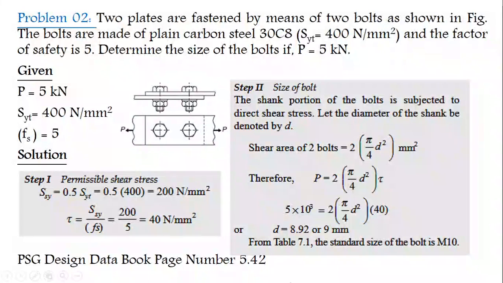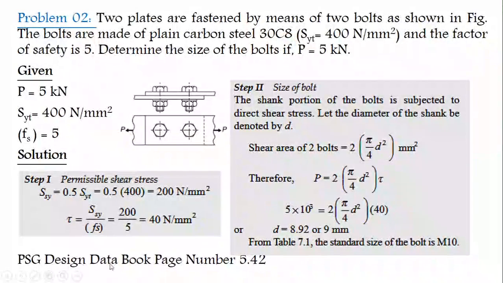Already we found the shear stress value, 40 Newton per millimeter square. Load is 5 kilonewton, converted into Newton: 5 into 10 to the power 3 Newton. Apply these values and solve this equation. We can get the D value: D equal to 8.92, say 9 millimeter.